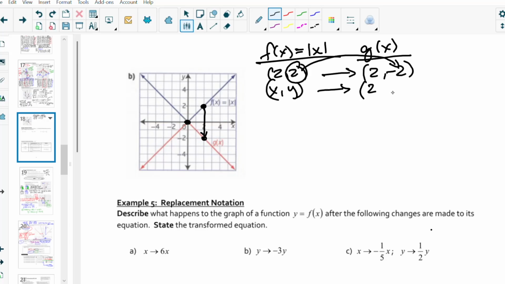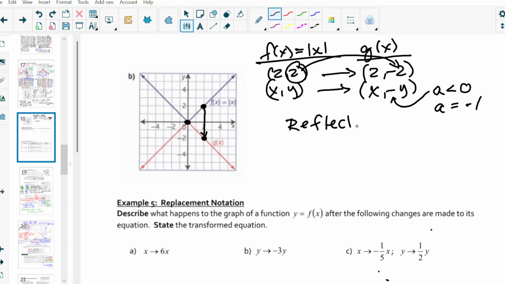X stays the same. And I'm multiplying by -1. So that's -y. Okay, so that tells me my a value is less than 0. And specifically, it's equal to -1. This is a reflection in the x-axis.